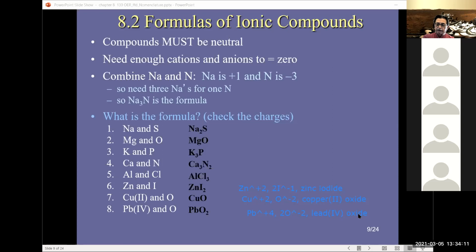And oxide tells you you're dealing with the oxygen, obviously, with a -2. And you have to put them together such that the charges cancel out. So you end up with PbO2. Okay. That's it. Sometimes they may give you the elements and ask you to write the formulas, or sometimes they may give you the name and ask you to write the formulas.